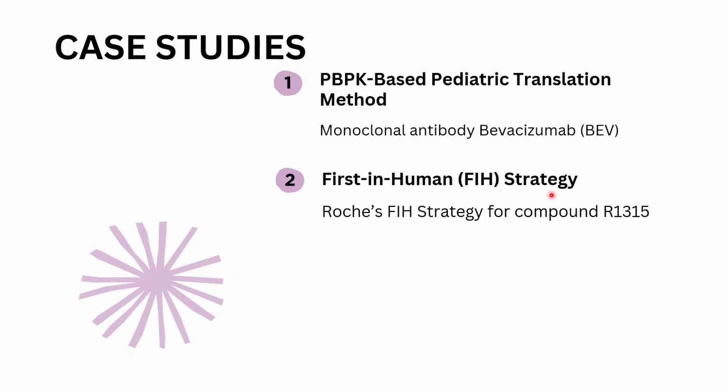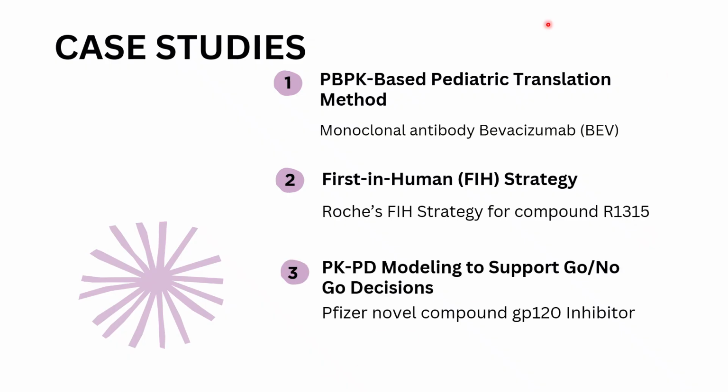Then we would have Roche's approach to determine FIH, first in human, dose for its novel compound R1350. And the next case study will demonstrate how PKPD modeling can guide go-no-go decisions, taking an example of Pfizer's novel compound GP120 inhibitor.